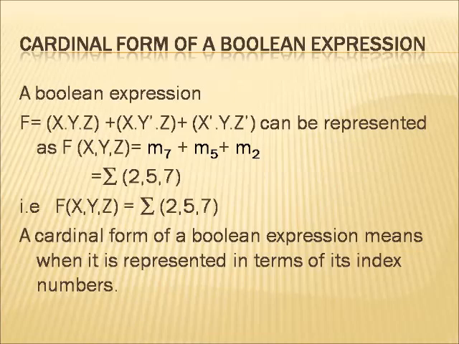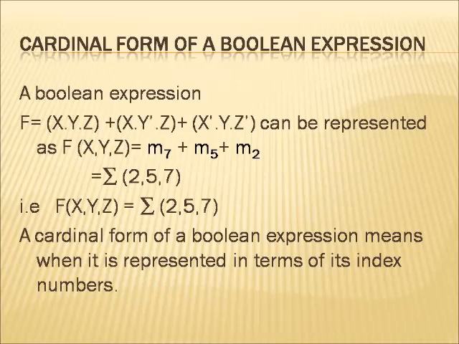So we can say x bar means 0, y means 1, so 0, 1, 0, that is m2. Now we use the symbol sum because it is a sum of product, where product terms are 2, 5, 7. So it is SOP form. For SOP form we use the summation symbol, right?